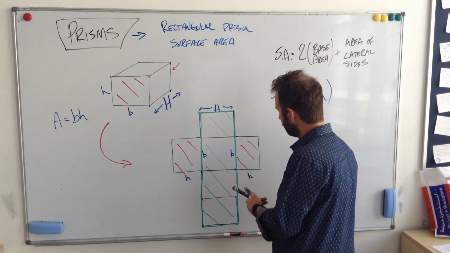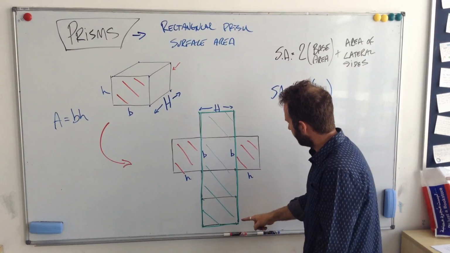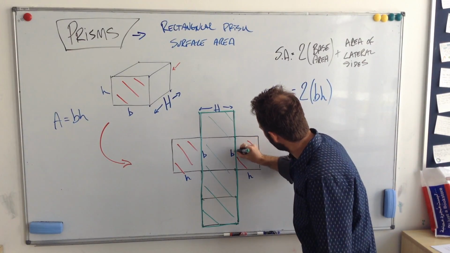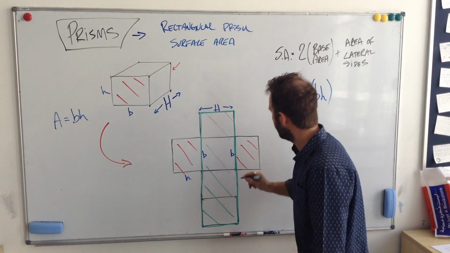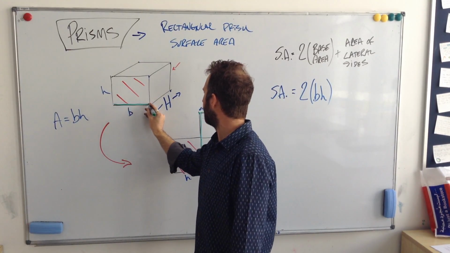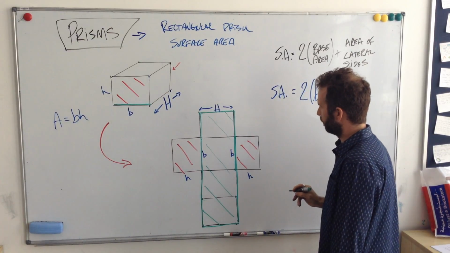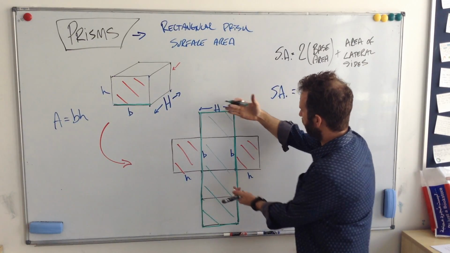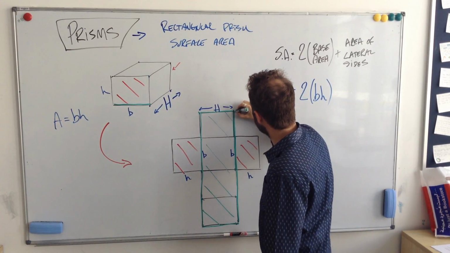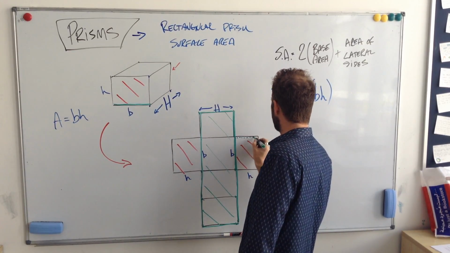Well, how do we get this other side? Take a look at this. This distance here, between here and here, is exactly one side of our rectangle. Okay? That distance there. Now, when this is folded up properly, this side here is actually the same as that.